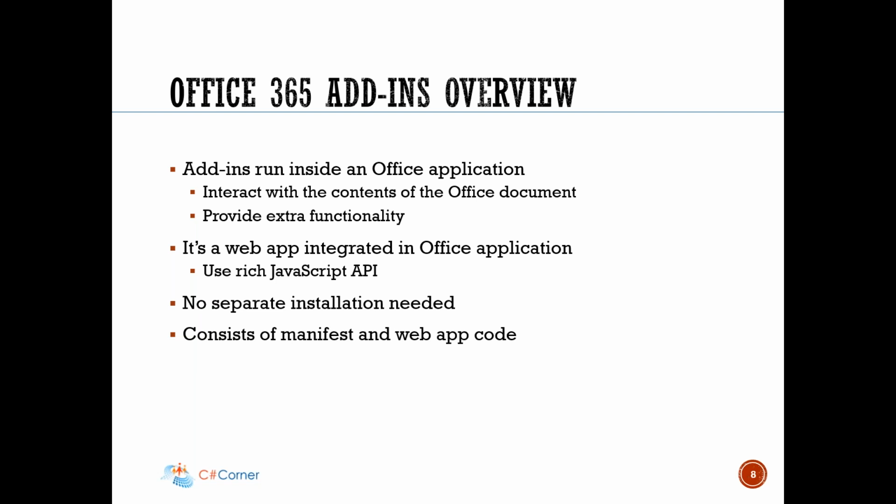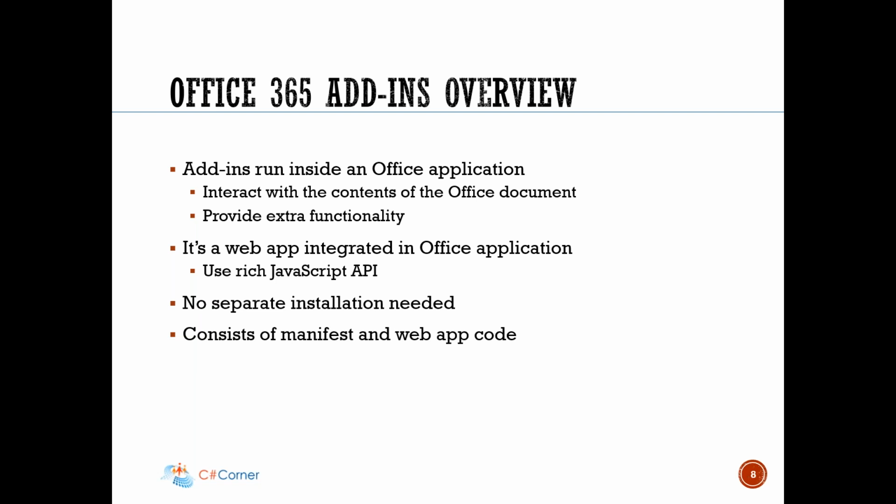The Office 365 add-in is a web app which is part of your Office application, which uses the rich JavaScript APIs. To work with Excel, Word and every other product, Microsoft has developed its own JavaScript APIs, which you can use to quickly play with Excel worksheets and Word documents and everything.